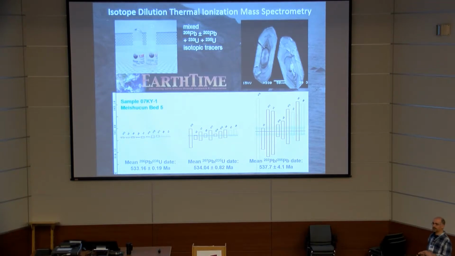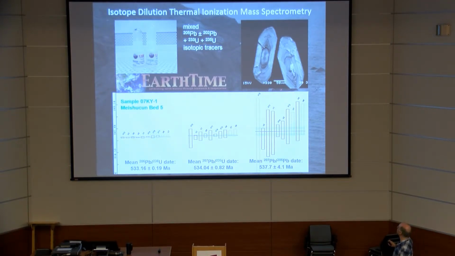These three dates are not at the same level in terms of precision and accuracy. We have learned through time that the 206-238 date is the most precise and the most accurate, for reasons that I don't have time to explain in this session, but at the same time, it is highly sensitive to lead loss.